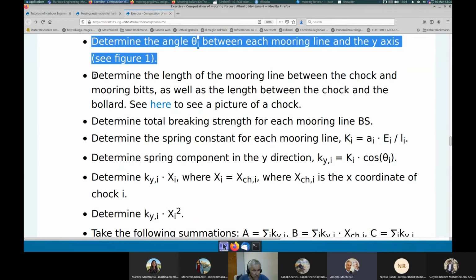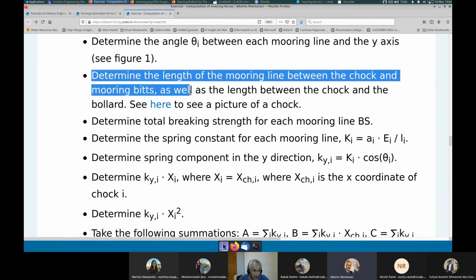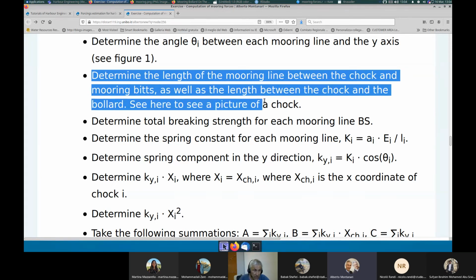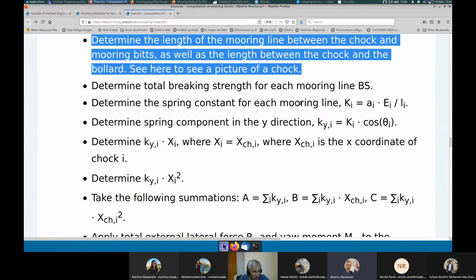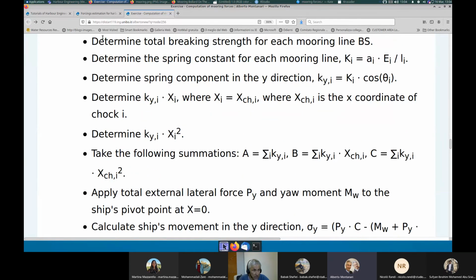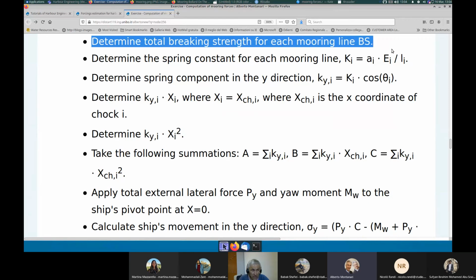Determine the length of the mooring line between chock and mooring bits, as well as the length between the chock and the bollard. Fine, we already did it. Okay, so determine total breaking strength for each mooring line. This is easy. It's 25 kilonewton per square centimeter multiplied by 3.